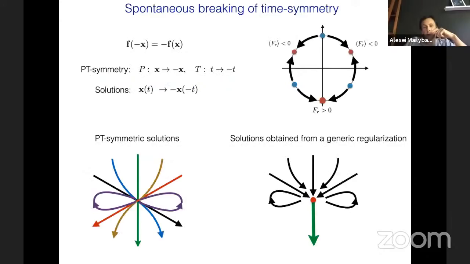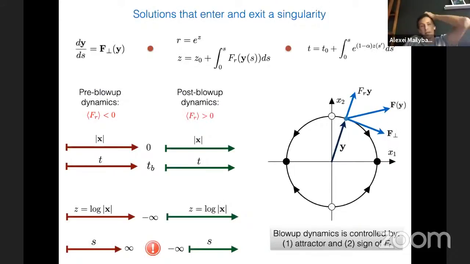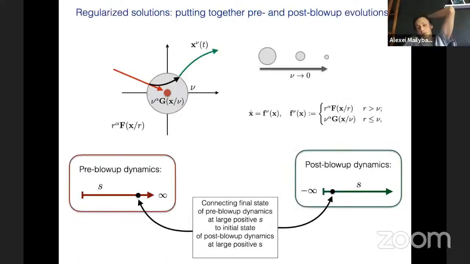because all that we discussed so far was about the attractor being a fixed point. But an attractor doesn't have to be a fixed point. It can be a periodic attractor, it can be a chaotic attractor, and so on. And all that we have is the analysis that we constructed for this rescaling: the pre-blow-up dynamics corresponds to a dynamical system, where those entering the singular point correspond to infinite time, infinite future.